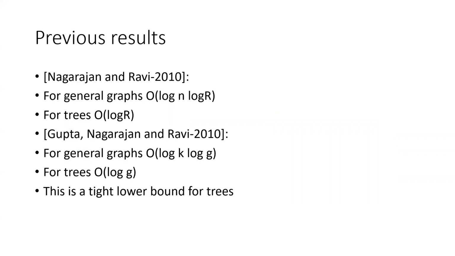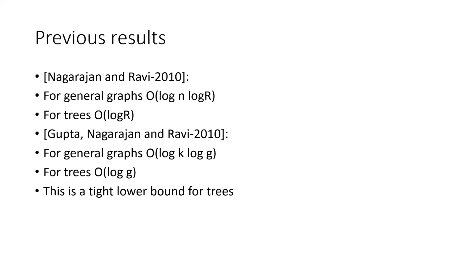What we see in previous works is a paper by Nagarajan and Ravi in 2010, in which their approach was using an LP, solving the problem on trees. With trees, they achieved an approximation of log R, where R is the sum of all the requirements in the problem.